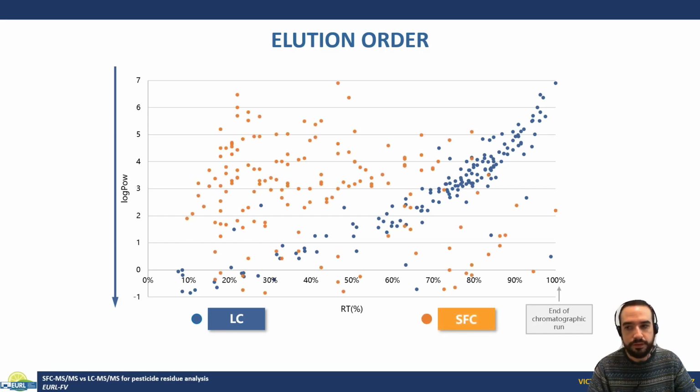However, in SFC there are a lot of factors involving elution, so SFC does not follow just this polarity elution criteria. Compounds eluting late in SFC can present bad chromatography or even carryover. So this is an important factor that sometimes is quite random.